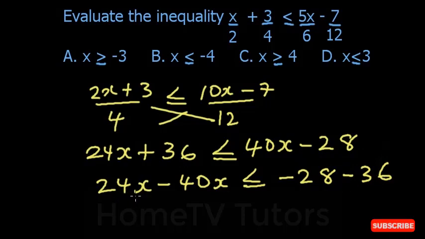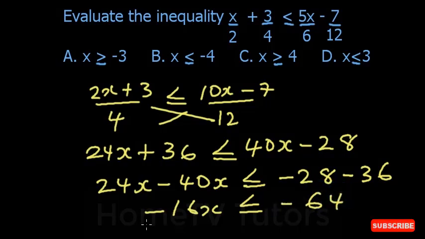So 24x minus 40x will give us a negative number, which is minus 16x, less than or equal to minus 28 minus 36, which will give us minus 64.